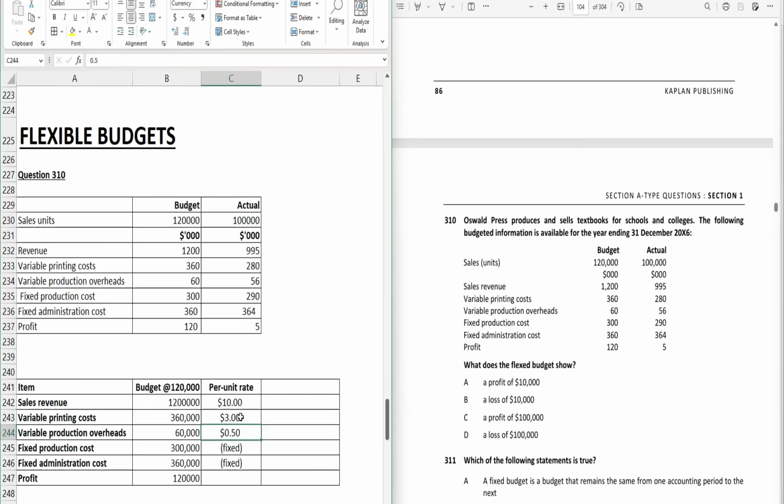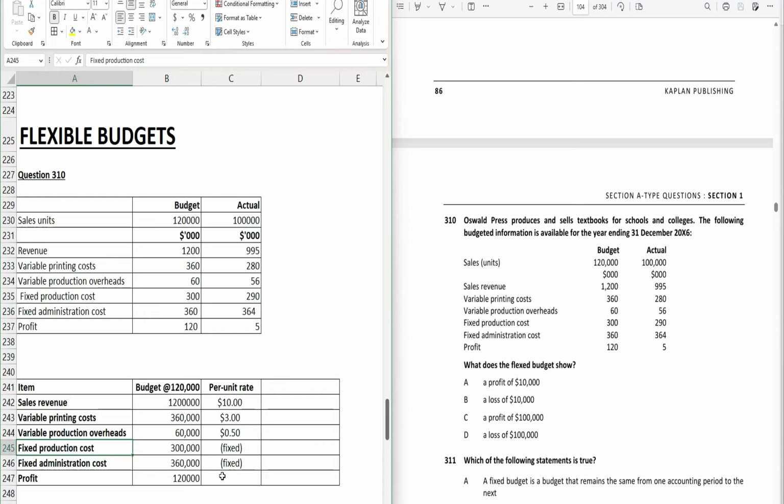Similarly for the variable production overhead, just divide 60,000 by 120,000 and it's 0.50 per unit. But the fixed production cost is fixed, so we will not change this, right? We can't just change it based on this level of activity. Fixed means for 120,000 or 100,000 or 50,000, it will be incurred the same, right?